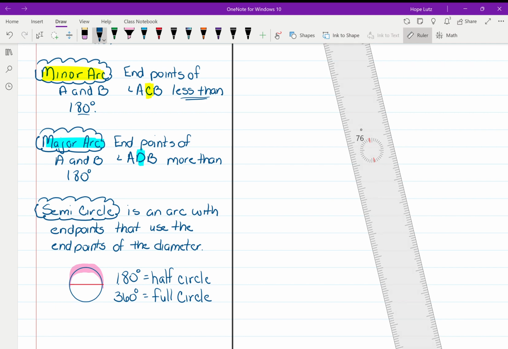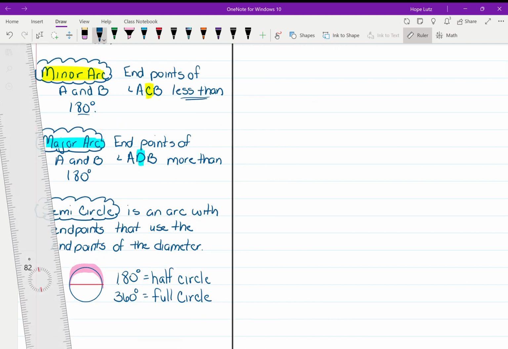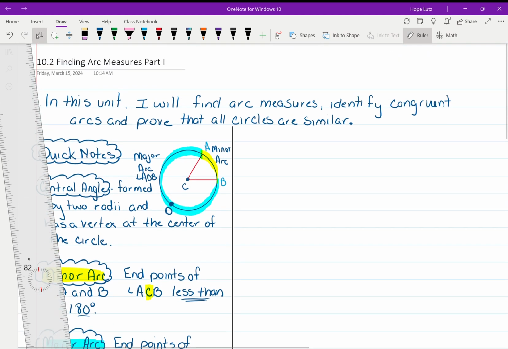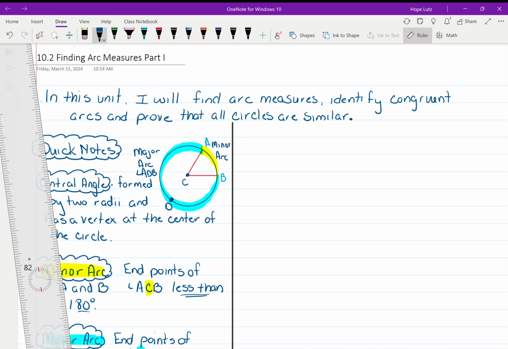All right, now we're going to go into our example, and we're going to talk about the measure of minor arcs. So as we go, we're going to take our notes. So this is example 1 in your book. And we're going to do this as we go.